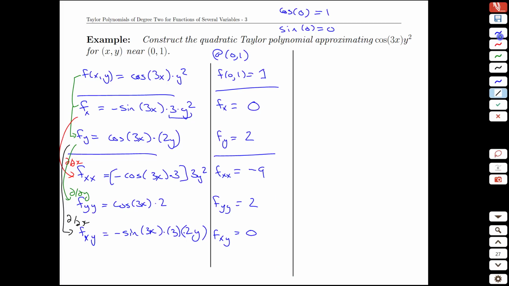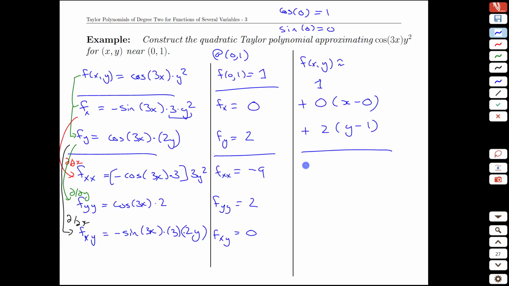And then we are ready to build our approximation. The function f(x, y) is going to be approximately equal to 1 plus 0 times, that's the x derivative, it would be x minus the x-coordinate where we built our estimate, which is 0, plus the y derivative times y minus 1, and that includes all of our linear terms.